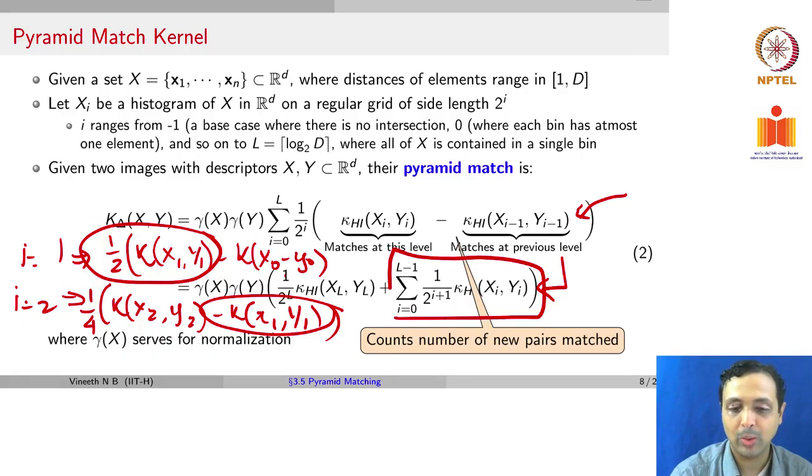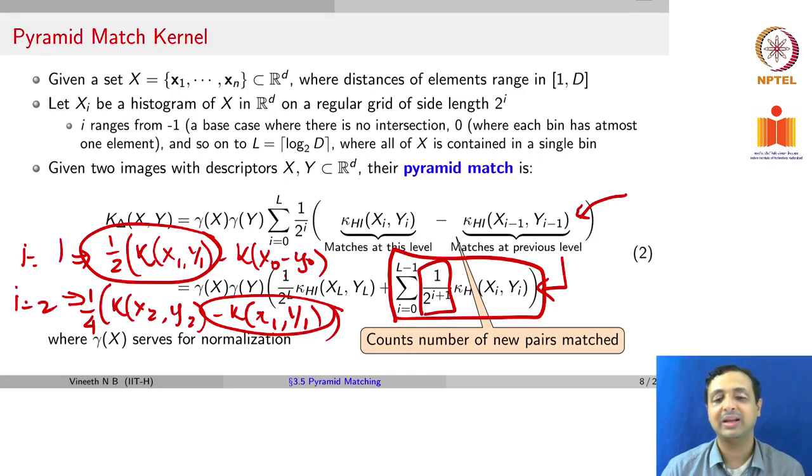So x1 y1 would have only quarter left because one of them will get cancelled, so you'll be left with 1 by 2 power I plus 1 kappa of xi yi. So it's just a simplification of the telescopic sum that we see in the above equation. This is just a mathematical representation of the example that we just saw over the last few slides.